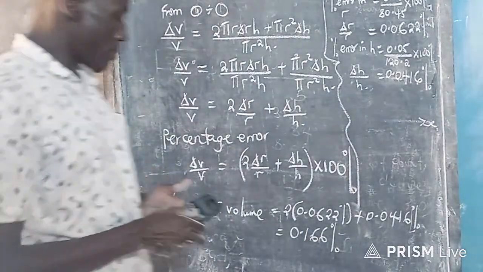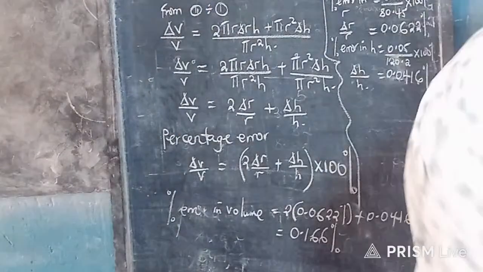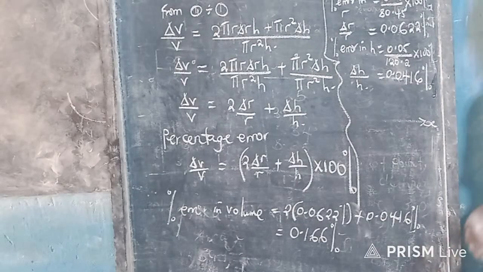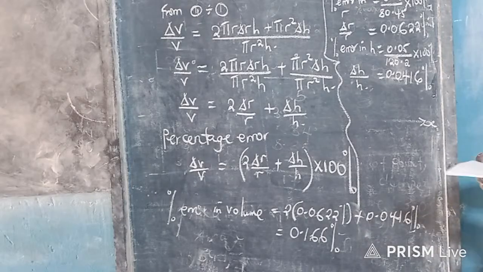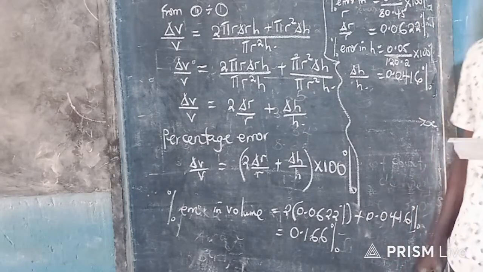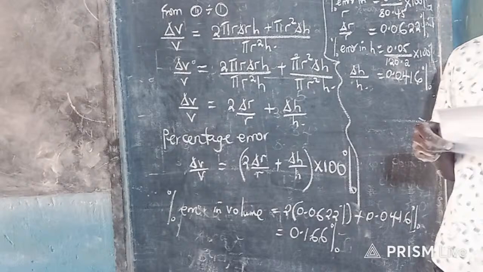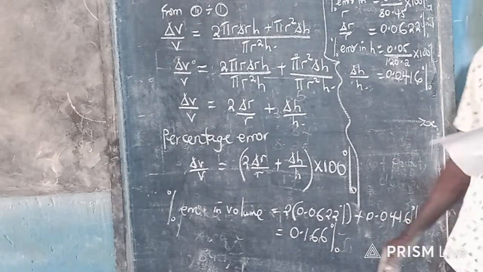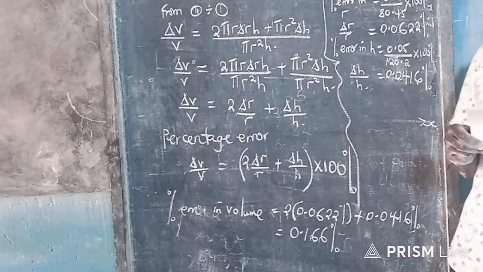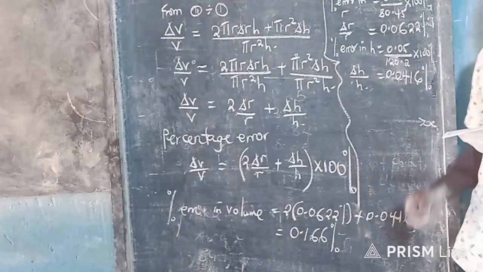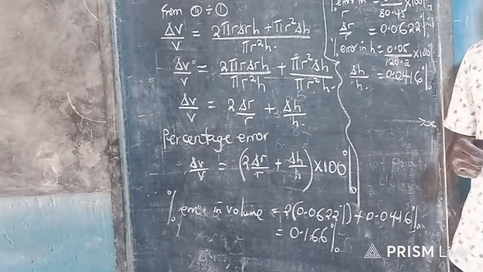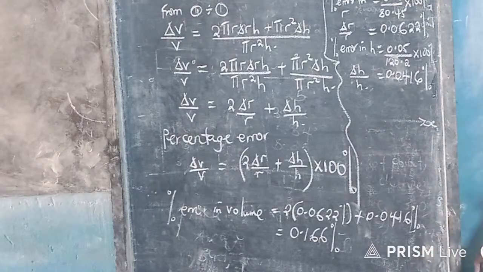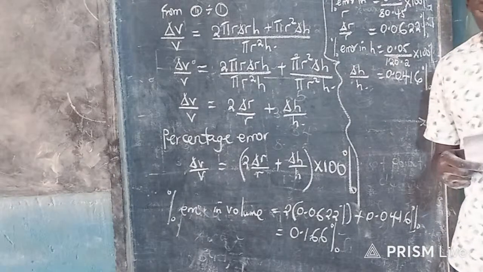So this 1.66% is acting as the percentage error in the approximation of the volume of that given cylinder. And when you look at its value, you realize that it is less than the 1.0% they were talking about. Meaning, in our conclusion here, we will have the conclusion based on the statement.